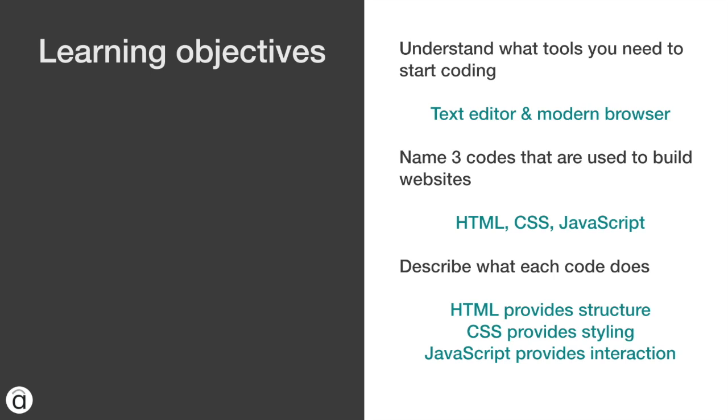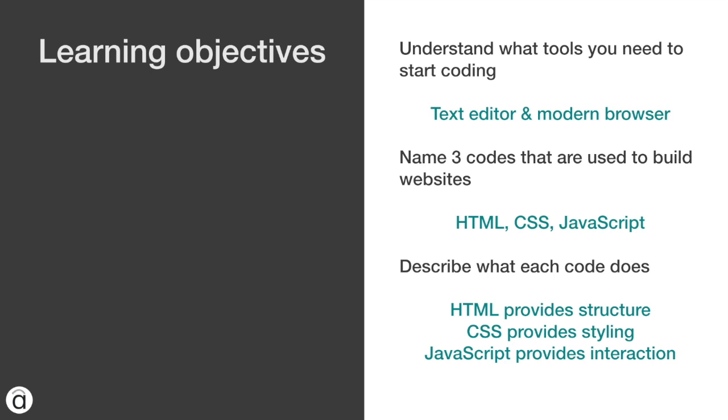So back to the learning objectives. What I wanted you to do is understand what tools you need to start coding. Well, I've expressed the opinion a text editor and a modern browser. They're both free. So let's go for Text Wrangler first. And also we'll use Google Chrome. We can use others in the future.